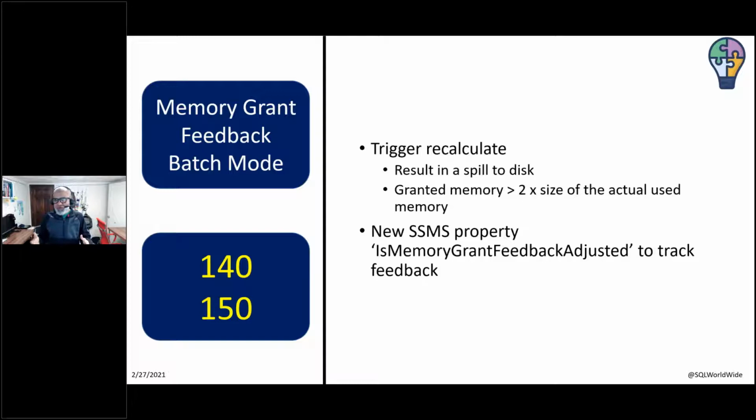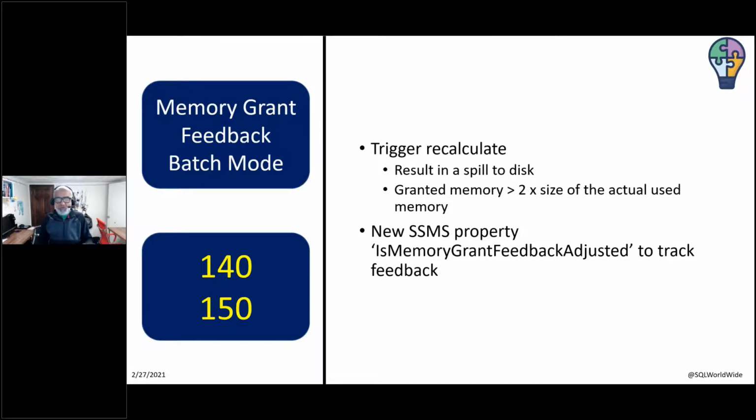Once I execute a query, it's going to look at the current memory grant and see if there was a spill, or the memory that got used versus the memory grant. If it sees that the granted memory is more than twice the size of memory that got used during the query execution, then it will trigger and say, hey, I gave you more or less memory, so let's make an adjustment.